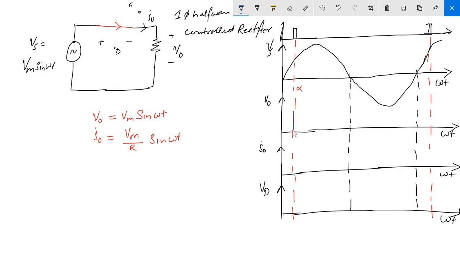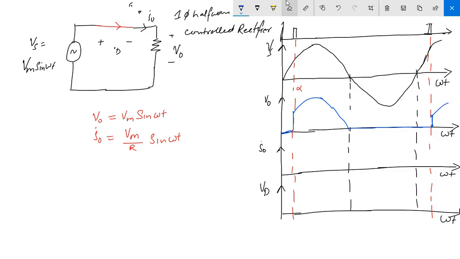So here it will trigger. Till here the output voltage will be 0, and then it will start tracing our supply voltage, and it will go to 0 value. Now for the negative half cycle it will be 0, and again it will start tracing from here, right?